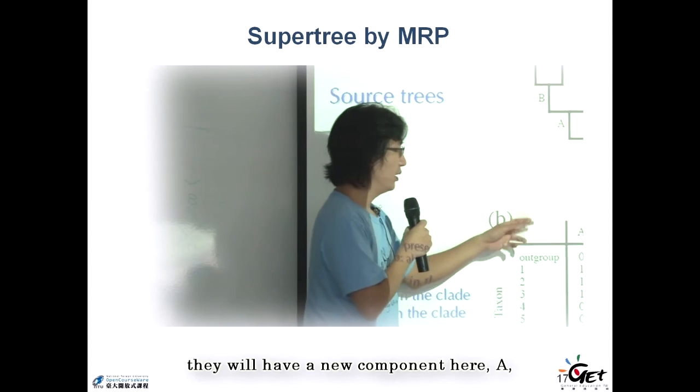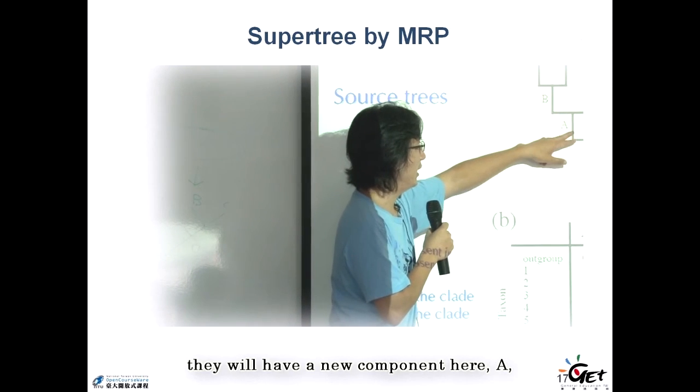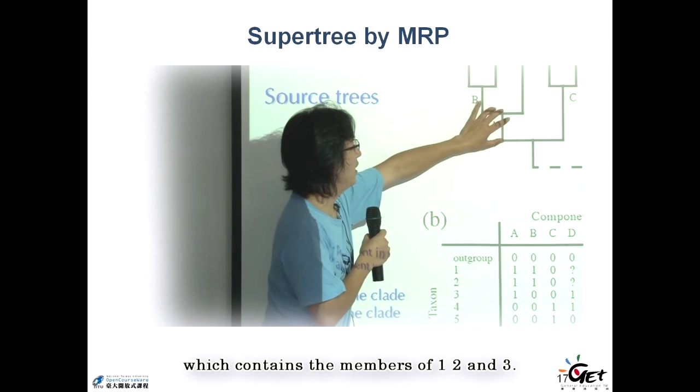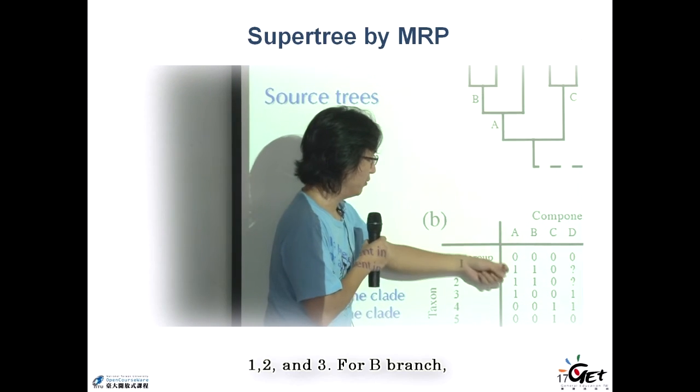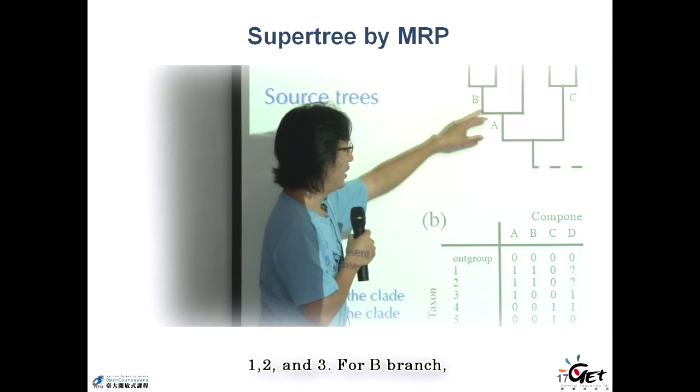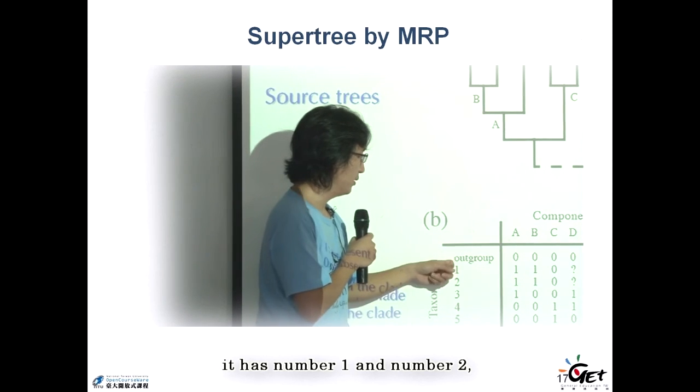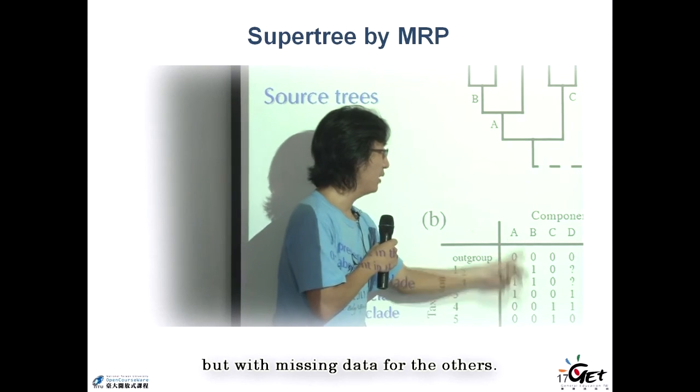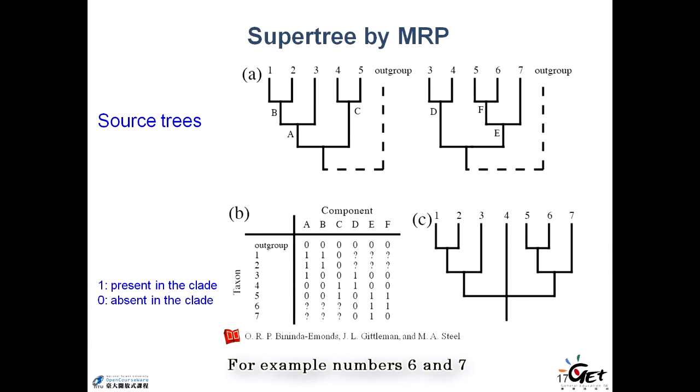For example, we will have a new component right here, A, which contains the members 1, 2, and 3. For branch B, it has number 1 and number 2, but with missing data for the others. For example, numbers 6 and 7 only appear on the trees on the right. So we create a new matrix, and we can use this matrix to reconstruct the supertrees accordingly and make a phylogeny out of this matrix.